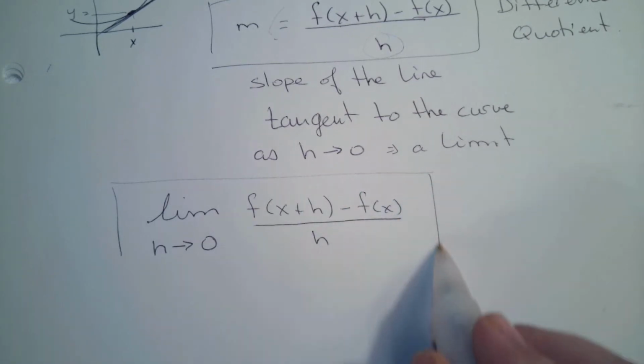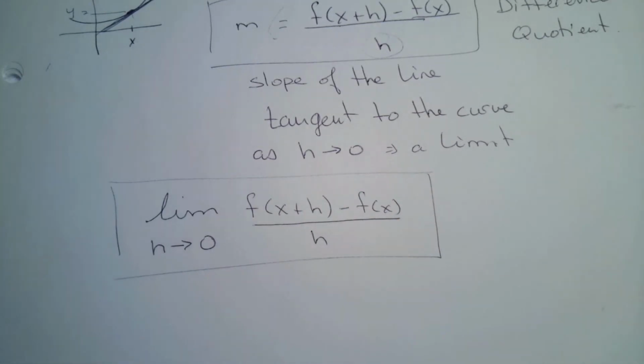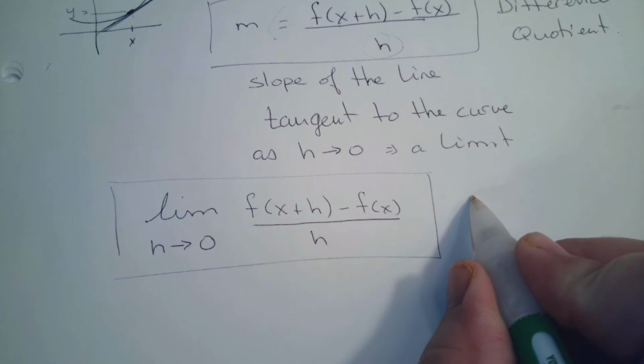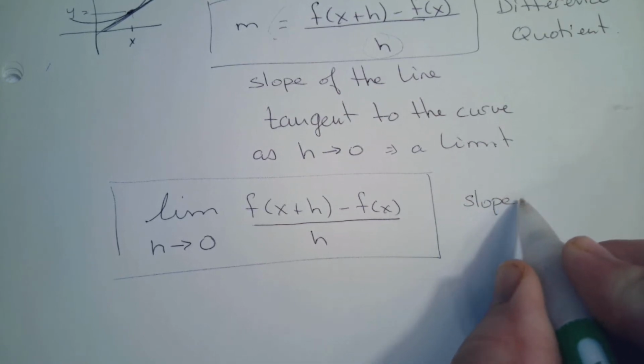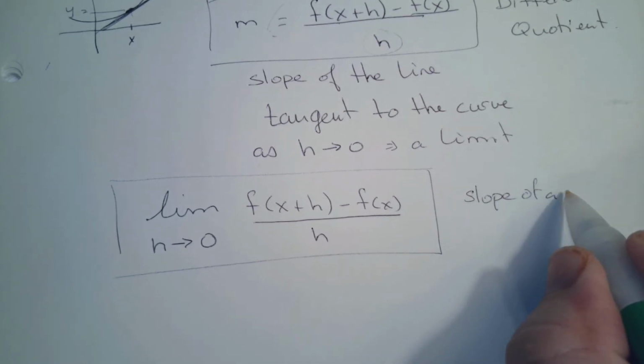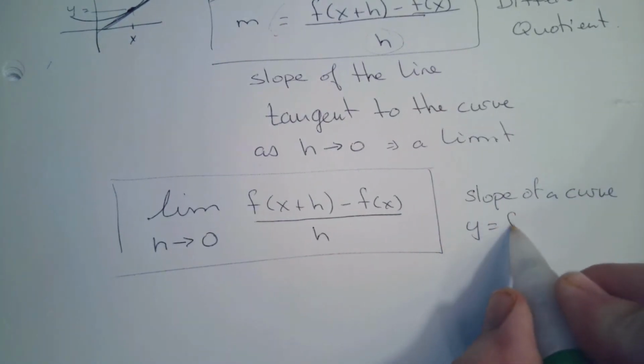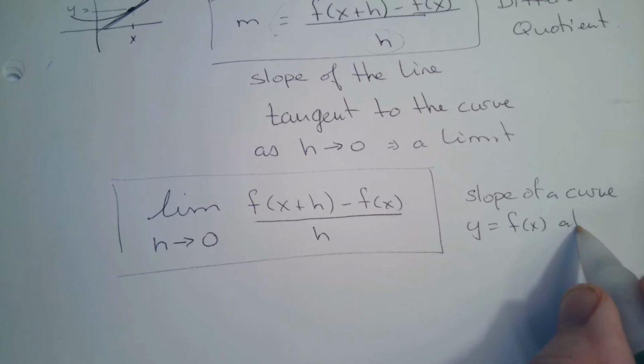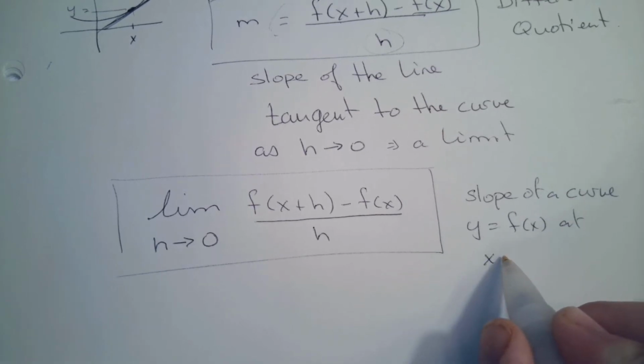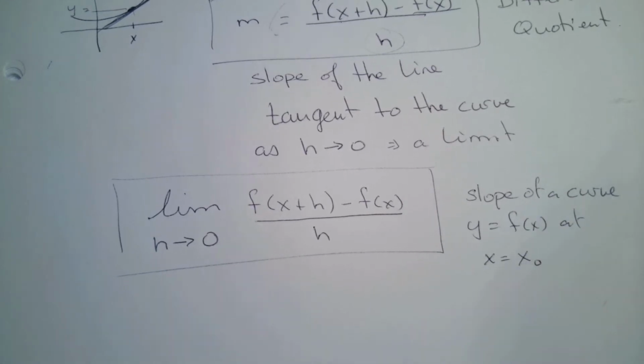That is our limit function. Slope of a curve at any point, call it x sub 0.